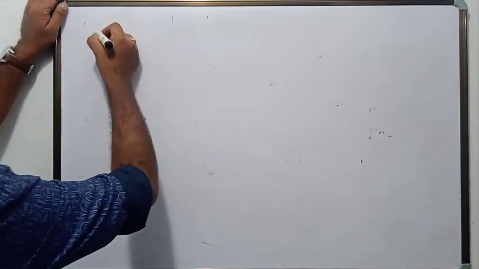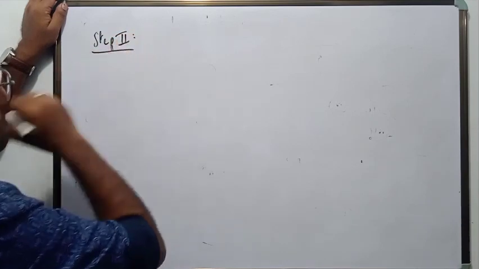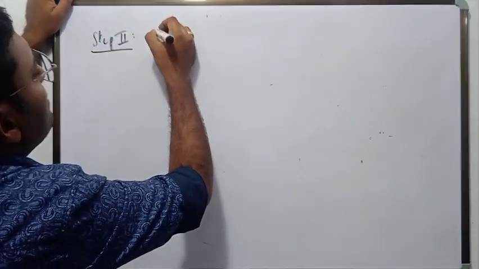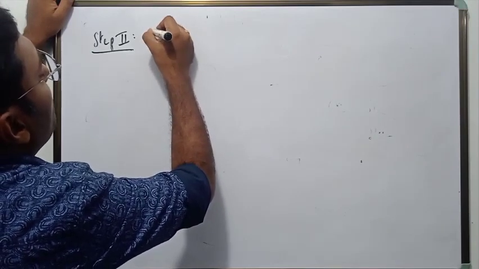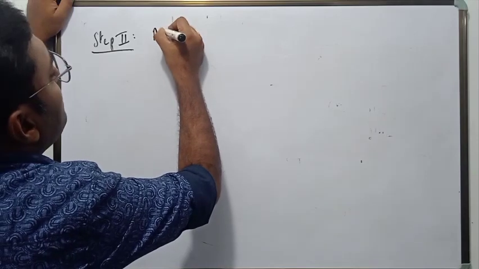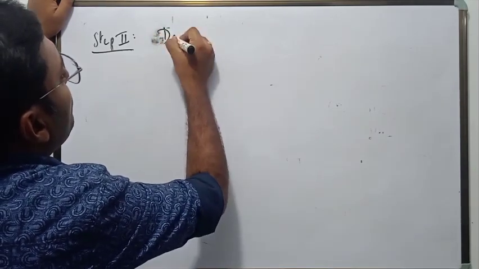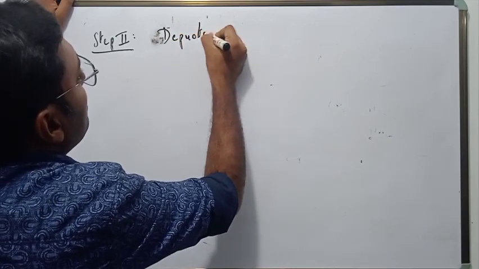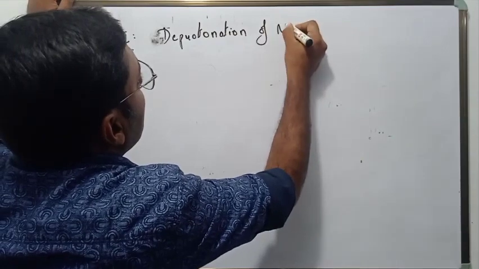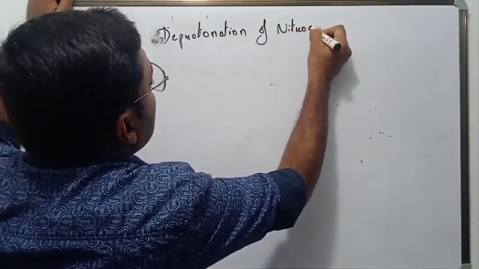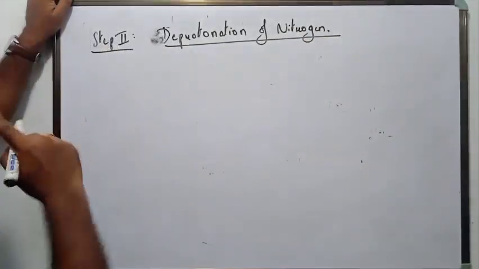Step number 2, abstraction of proton by base, or you can say deprotonation of nitrogen. This is the first deprotonation of nitrogen.